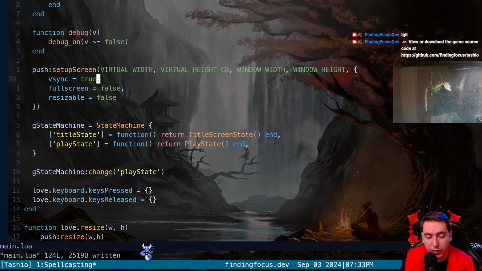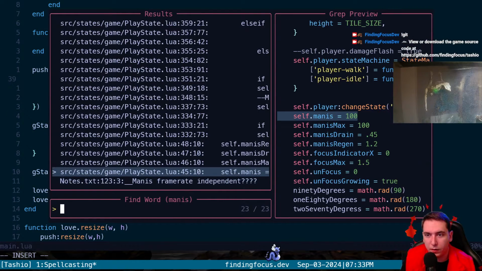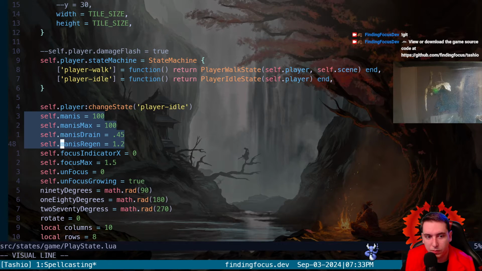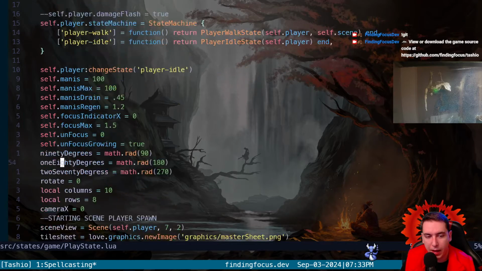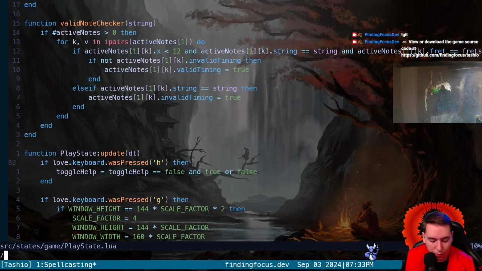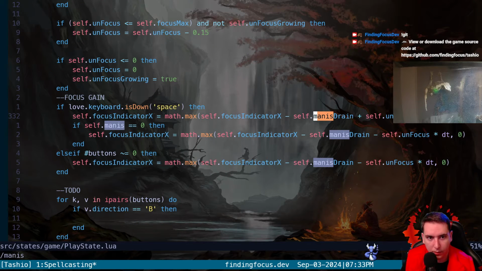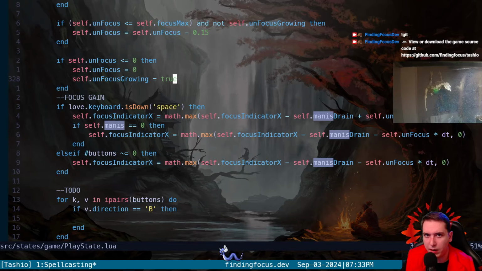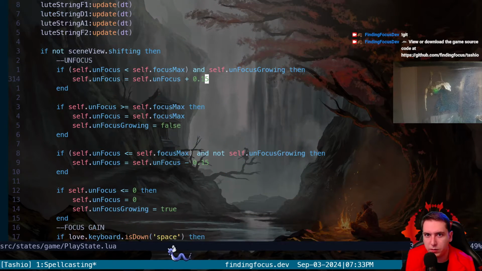Okay, so if we look at where our spellcasting is happening here, we've got these values. Where is it? Okay, look, we actually do scale this by delta time, it's just that right here we don't scale it.